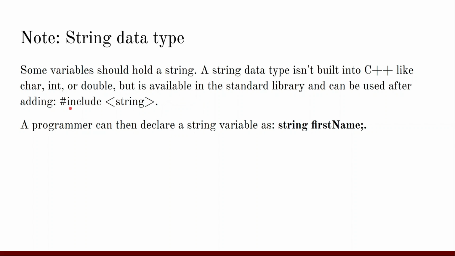The name of the library is also string. So include string in your header section, and then you will be able to declare variables of string type. Let's say I need to store my first name, then that will be a string first name. Because this is not built-in, I need to include this library in the header section of my C++ program.